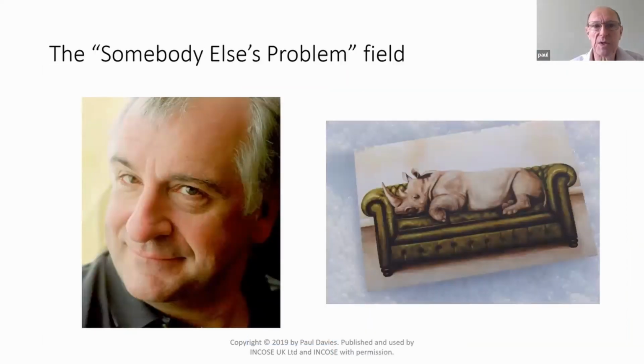Now I want to talk about somebody else's problem field. On the right, these are all Cambridge University alumni. On the right is a hypothetical depiction of there being a pink rhinoceros in the room.